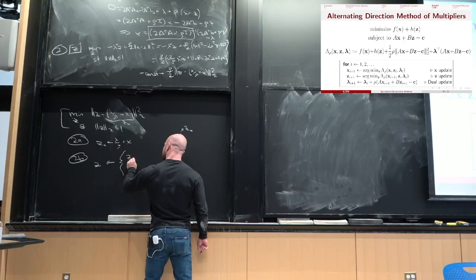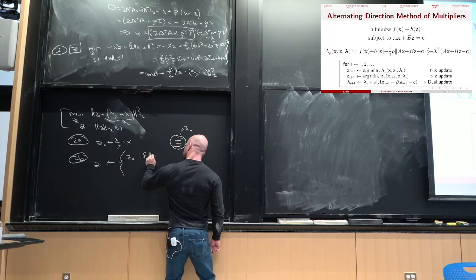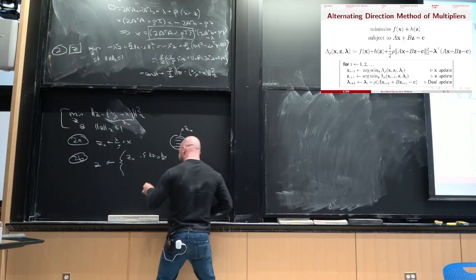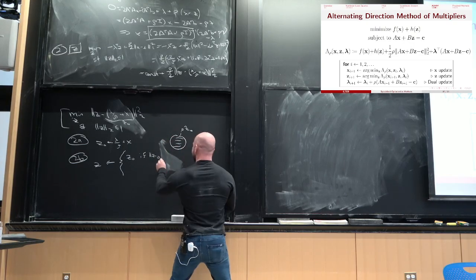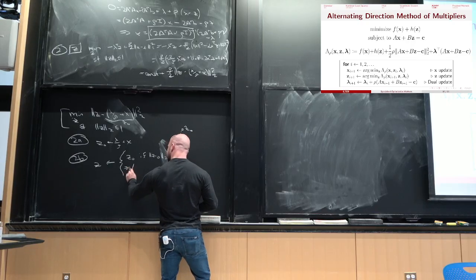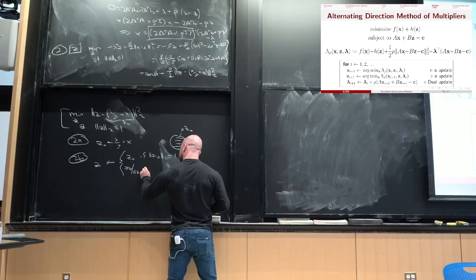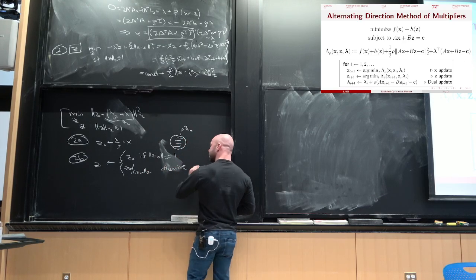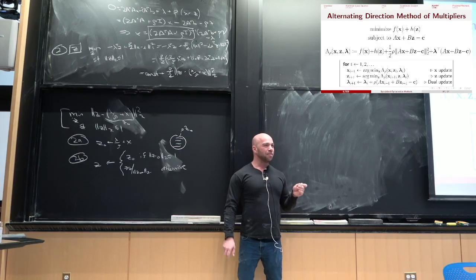It either gets z naught if the 2 norm of this vector is less than or equal to 1, and z naught divided by its norm, which is the projection onto the unit circle, otherwise. Do you see how we derive this formula here?